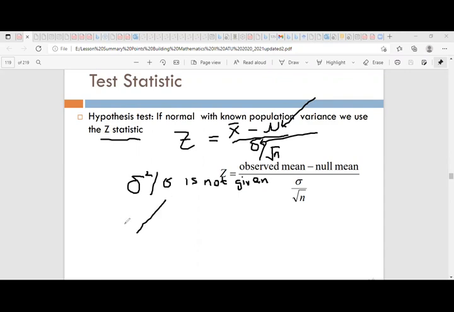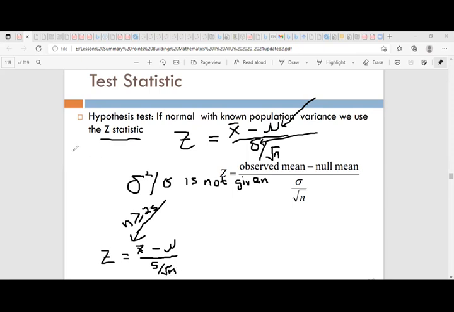One, if the sample size is greater than or equal to 25, then you will still use the Z statistic, and because your standard deviation is not known, you replace the population standard deviation with the sample standard deviation, which is S, over the square root of n.